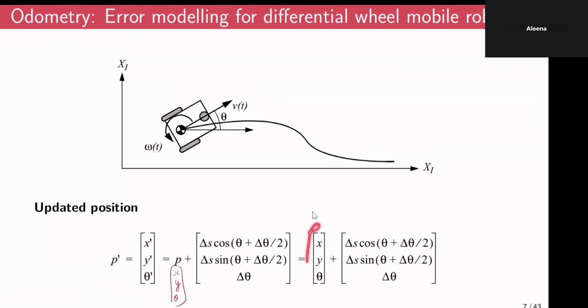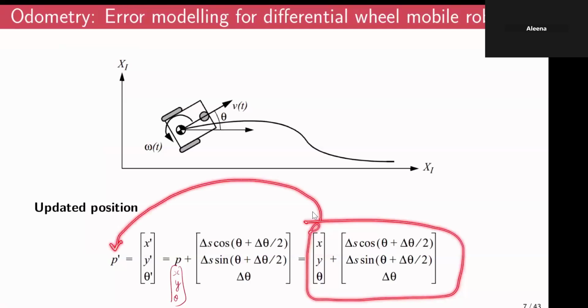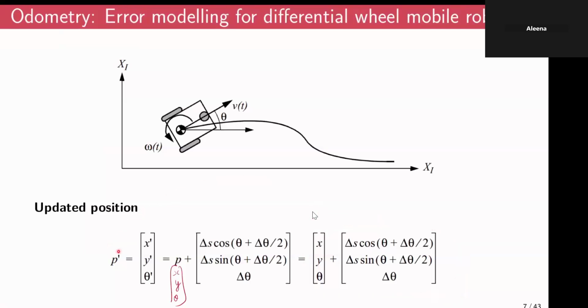So this is the final expression for the new estimate. P dash is nothing but x, y, theta plus delta S cos theta plus delta theta by 2, delta S sine theta plus delta theta by 2, and delta theta. This is your new estimate.